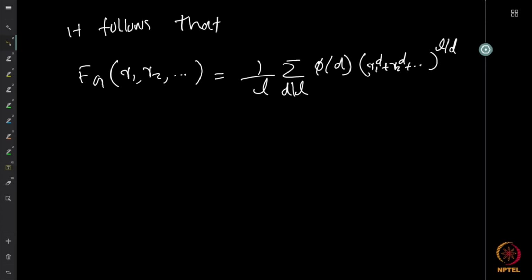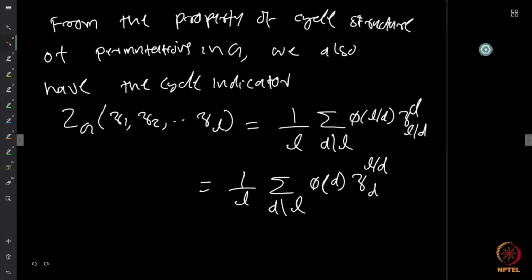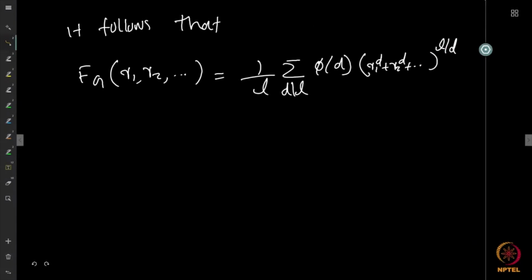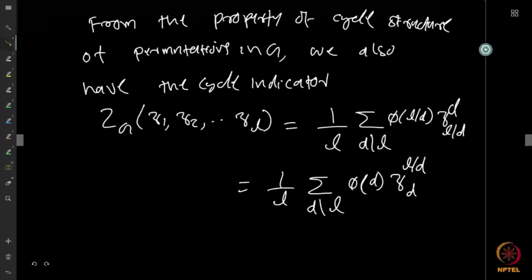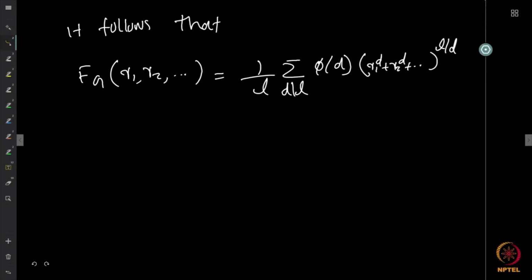We can write FG of R1, R2, etc. as 1 by L summation D dividing L, phi of D. Then you replace this ZD by the corresponding R1 raised to D plus R2 raised to D plus etc. We said that Zi is replaced by R1 raised to i plus R2 raised to i plus etc. In this case we have only ZD, so we have R1 raised to D plus R2 raised to D plus etc., whole raised to L by D. So this is how we use Polya's theorem.